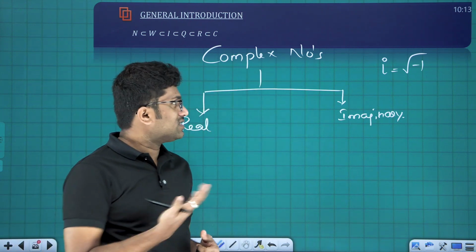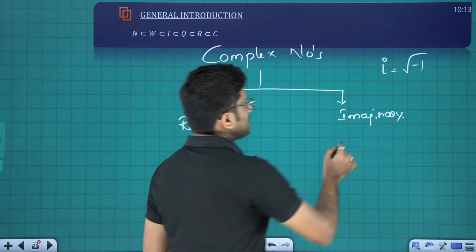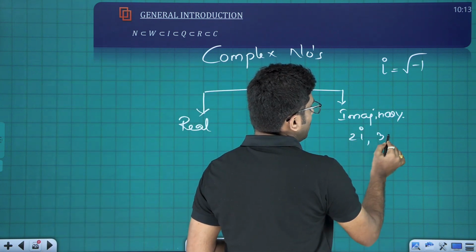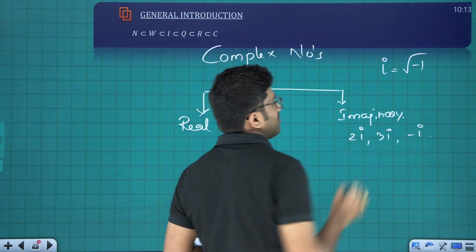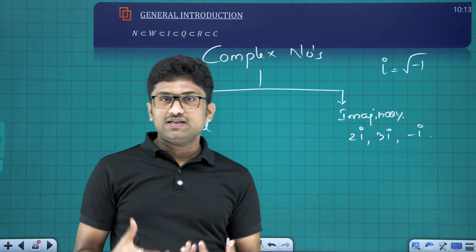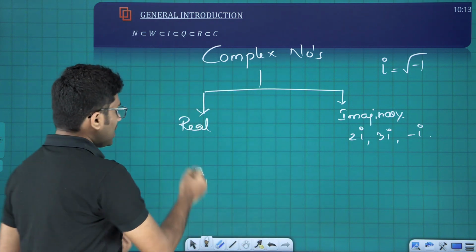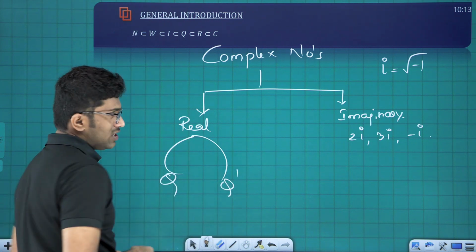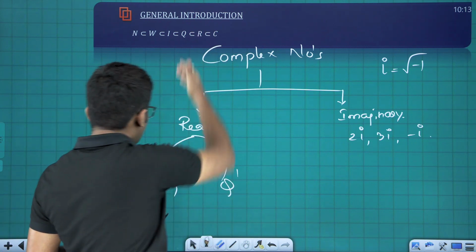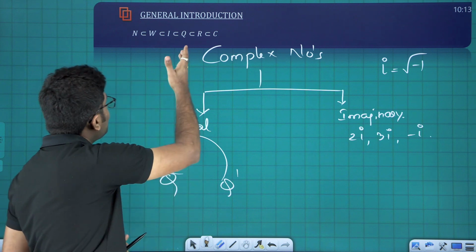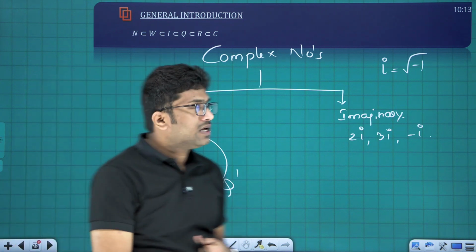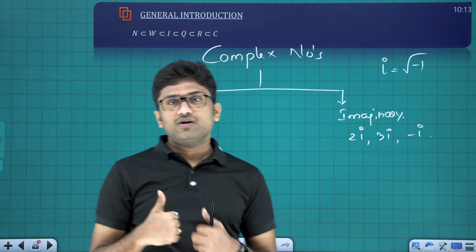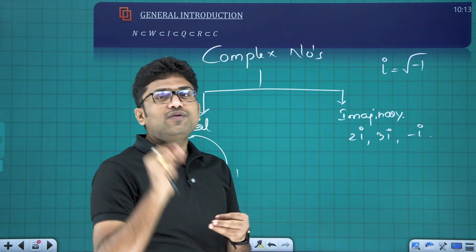So any number associated with it, let's say 2i, 3i, -i, all these numbers are called imaginary numbers. Now we know real numbers. Real numbers have again been classified into rational and irrational. So this we can go from rational numbers, integers, whole numbers, natural numbers. Now, what do you mean by a complex number? In general, we denote complex.